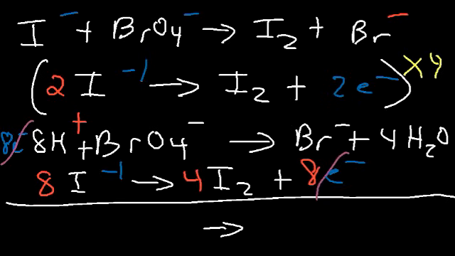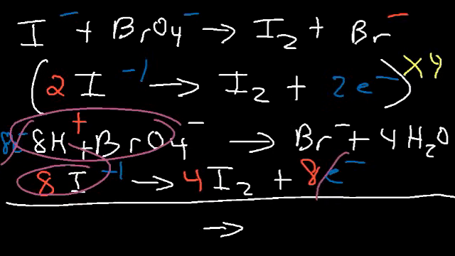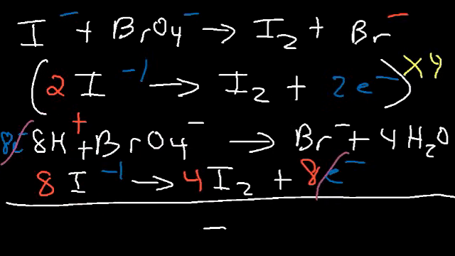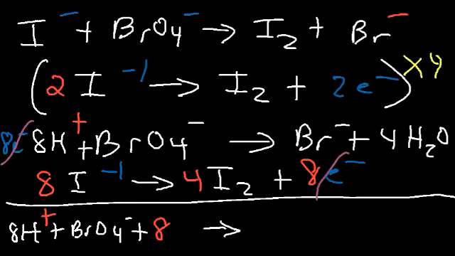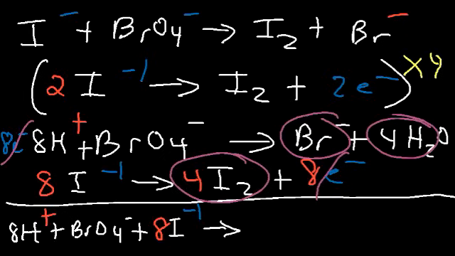So on the left side, we have these three. Now for the right side, we have everything to the right of the arrows except the 8 electrons.